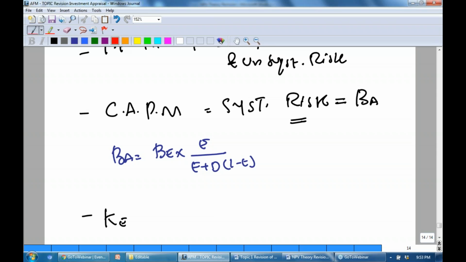And this beta asset represents the systematic risk.